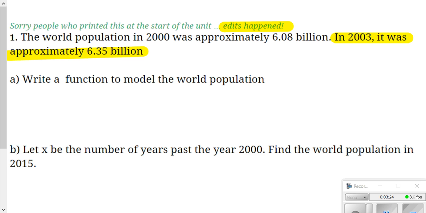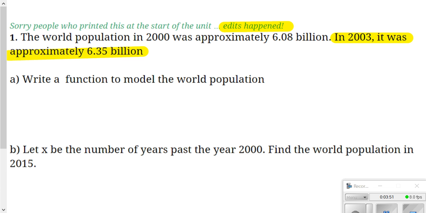So if you're one of those folks, pause the video and make the edits that you see in perhaps your printed copy versus mine. If you just printed the PDF for today that was posted, you're fine. Make sure your notes match and then let's go. If your notes don't match, then I am answering a different question, and that would be bad notes.